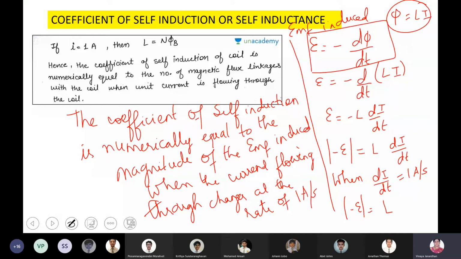Now let us go for deriving an expression for self-inductance, or the coefficient of self-induction.